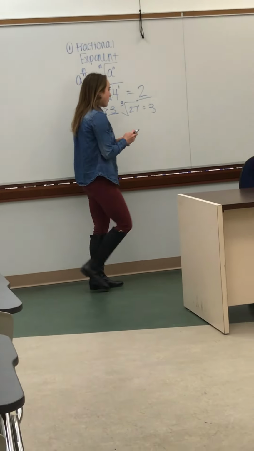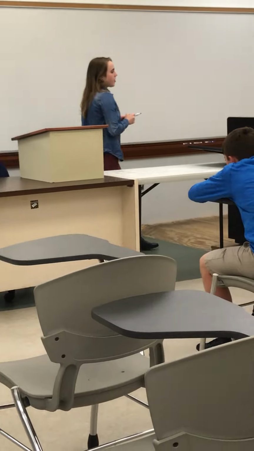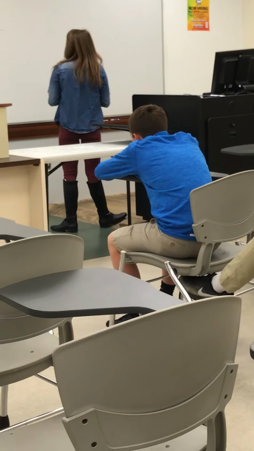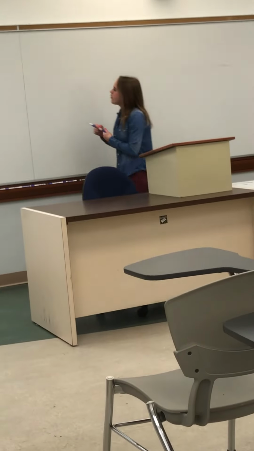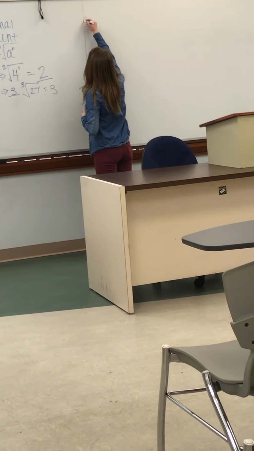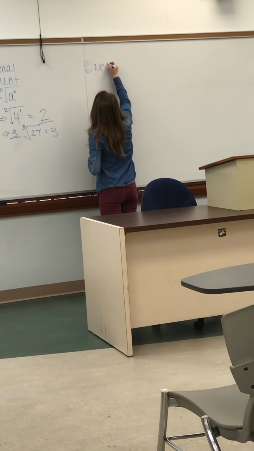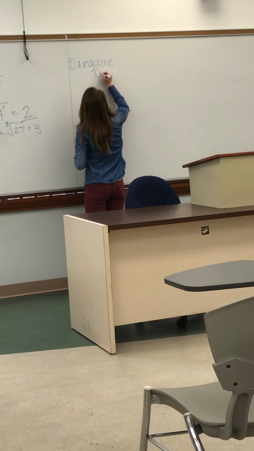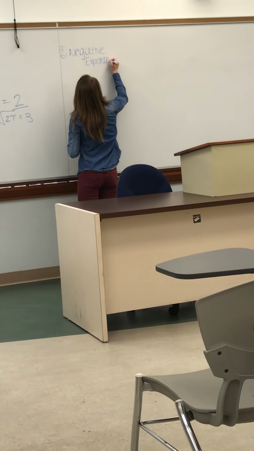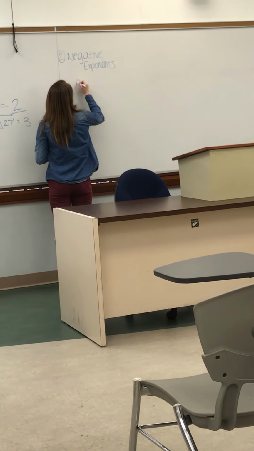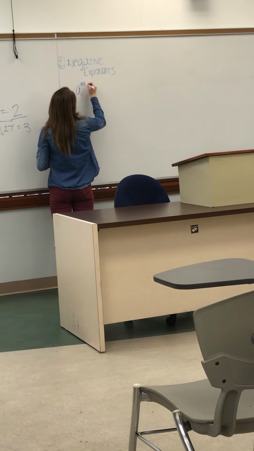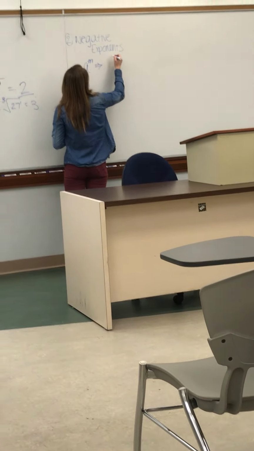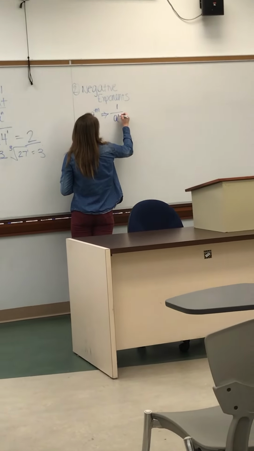Yeah. Good. Alright, so the next law is negative exponents. So for negative exponents, if you have a to the negative n, all you do is you write 1 over a to the n.